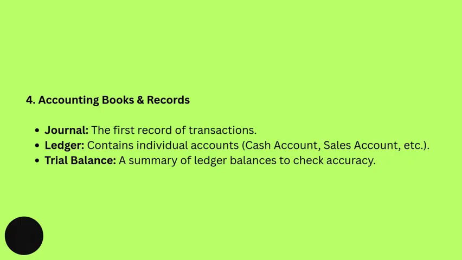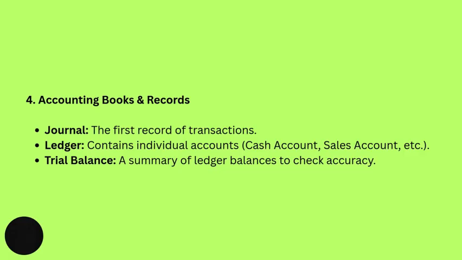Next is a ledger. This is where we break down those transactions into individual accounts like the cash account or sales account. It's essential for tracking how each area of the business is performing over time. And lastly, we have the trial balance.